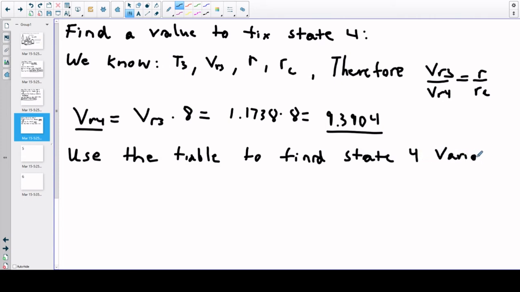And so from that, we can now find all the state 4 variables. We can find temperature of 4, H of 4, and I think that's all we need here. I'm not sure you even need temperature 4, but I found it just because I wanted to prove that I could. To all the doubters out there.